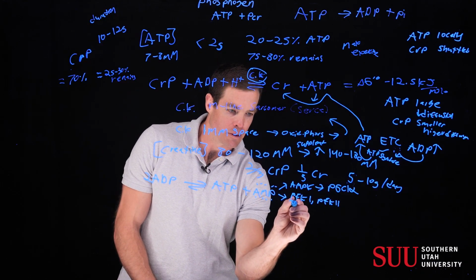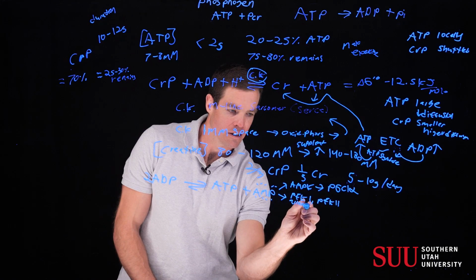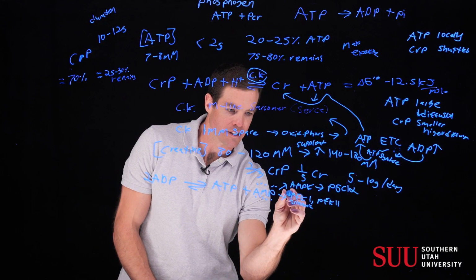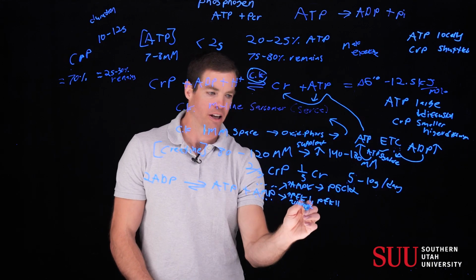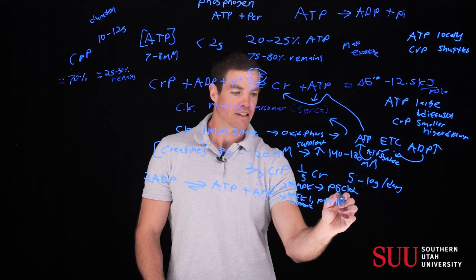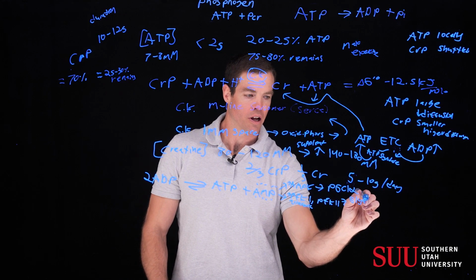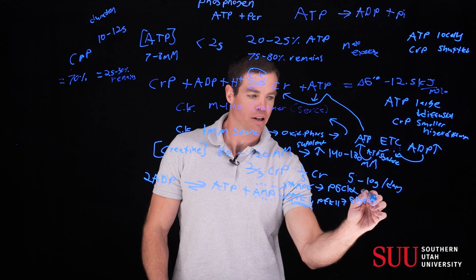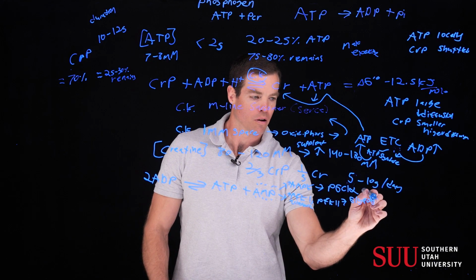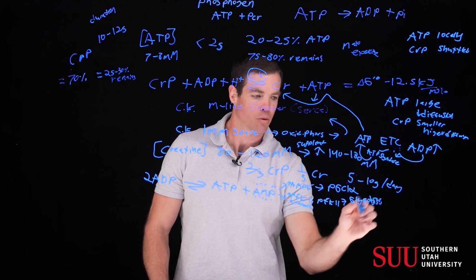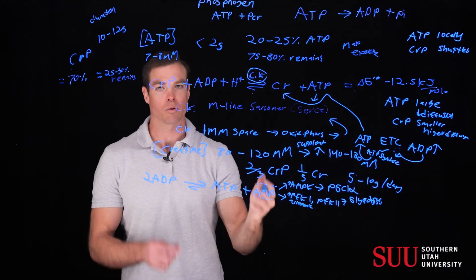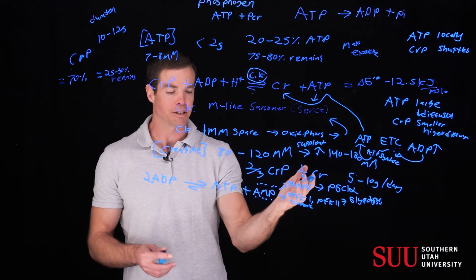I can just write, maybe you can read it, allosteric. And it's going to increase PFK1 and PFK2, and that's going to give you the increase in glycolysis. Because you think, why would you want to increase glycolysis? Well, it's because you need to make a lot of ATP.